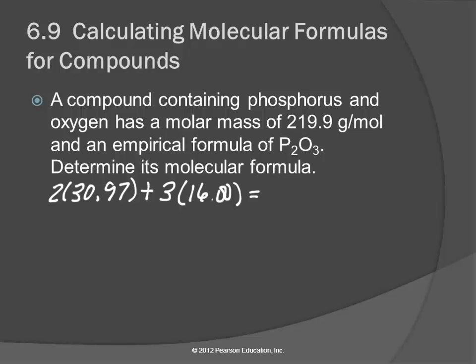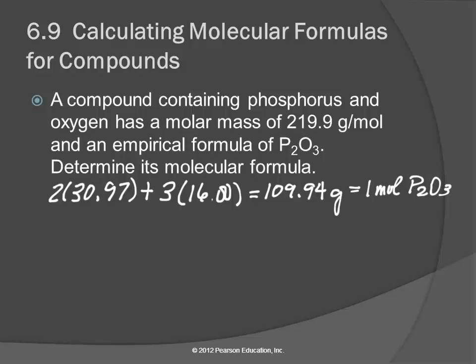Three times 16 plus 2 times 30.97. I did that backwards. 109.94. So 109.94 grams equals 1 mole of that empirical formula, P2O3.